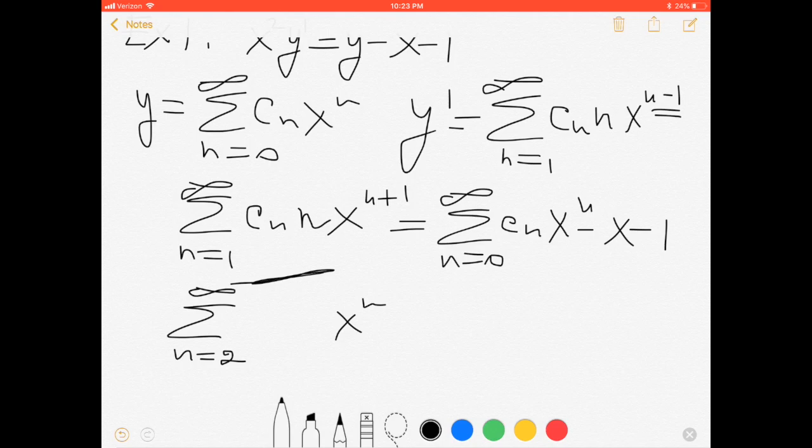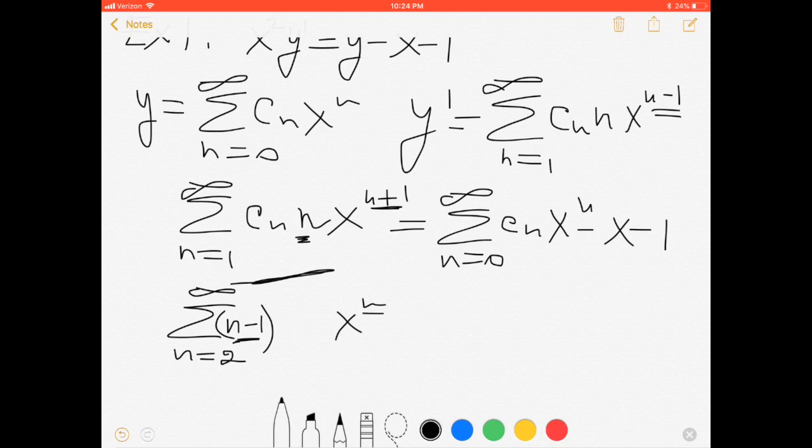But what happened here? If n plus 1 I substitute with n, this means n I need to substitute with n minus 1, because looking here, this coefficient is 1 less than this power.